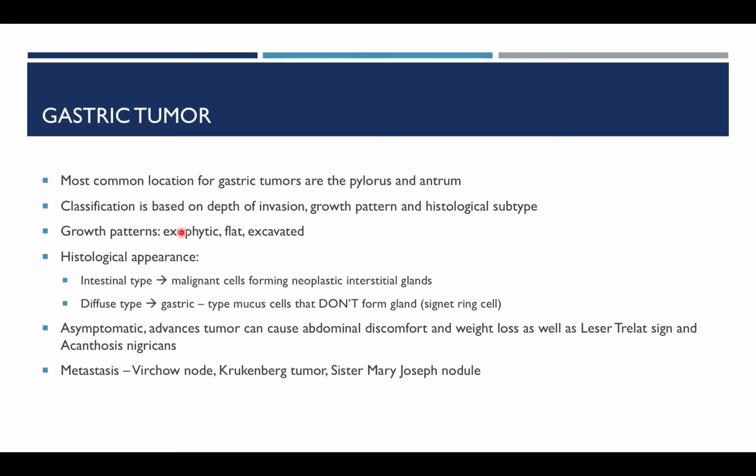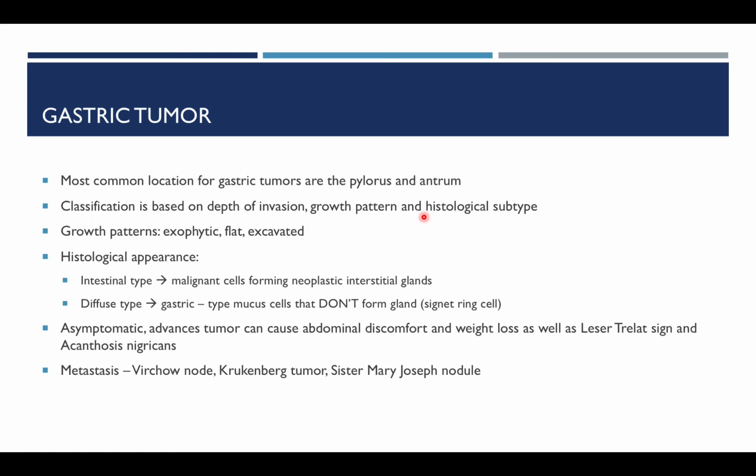The most common locations for gastric tumors are the pylorus and the antrum, and classification of these tumors is based on the depth of invasion, which means how deep within the mucosa the tumor goes. It also depends on the growth pattern, which can be exophytic, which means that it goes outside the mucosa, flat on the mucosa, or excavated, so it goes through the mucosa.